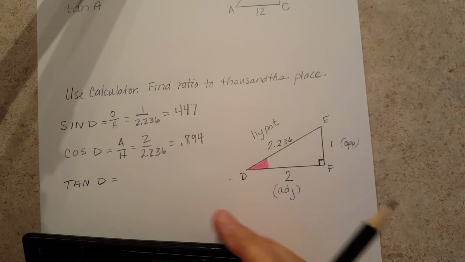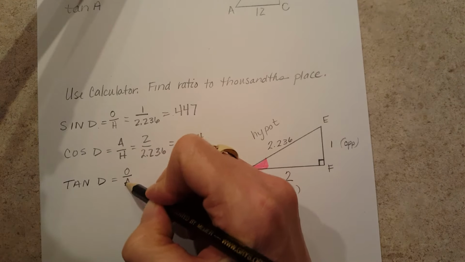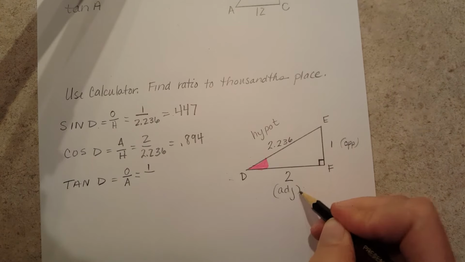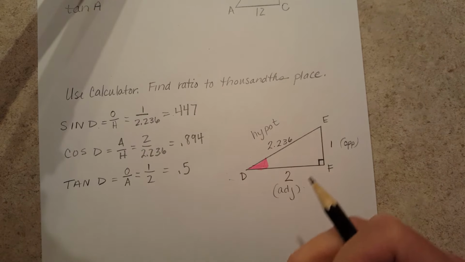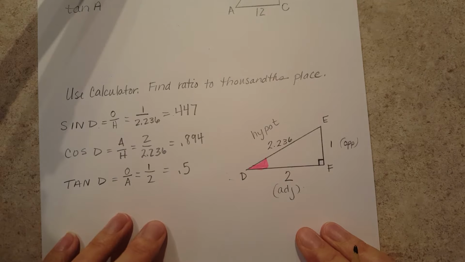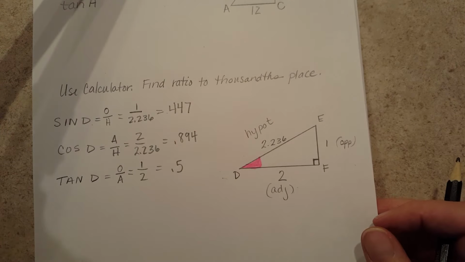And then tangent. SOHCAHTOA. Opposite over adjacent. And that's just going to be 0.5. And that's it. So email me if you get stuck, but that should be a good start for you. I think you'll find that it's fairly easy after you've understood it. Good luck.